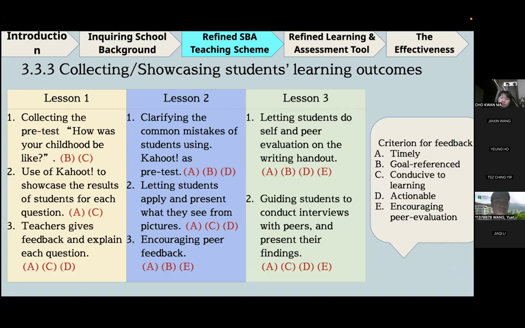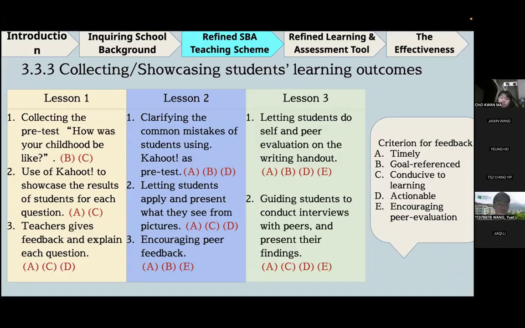And for the collection and showcase of students' learning outcomes, we have different segments in different lessons. For lesson 1, it is about collecting the pre-test, "How was your childhood like?" And it aligns with the criterion of goal-referenced and conducive to learning.